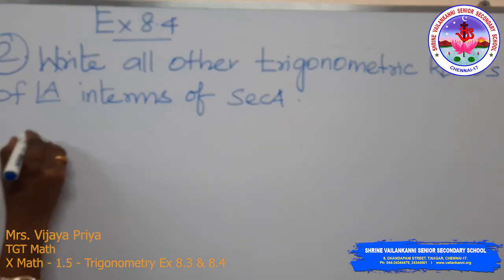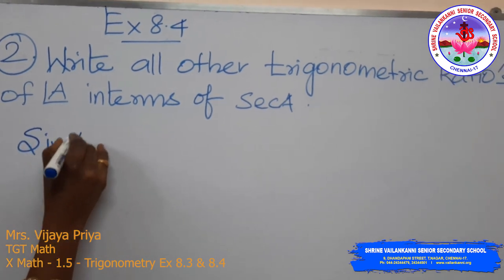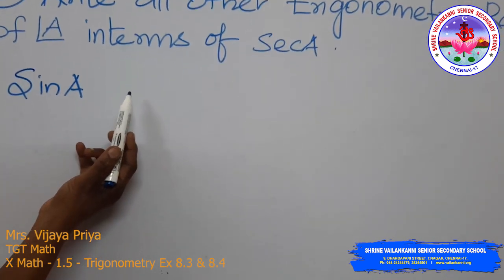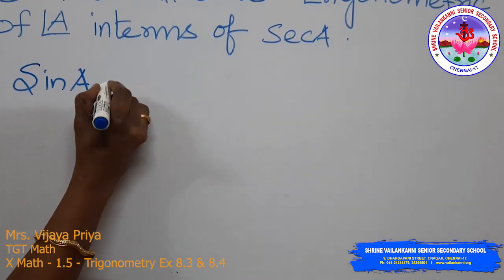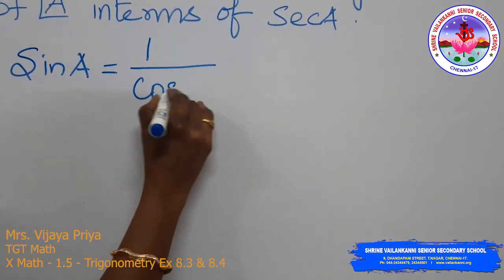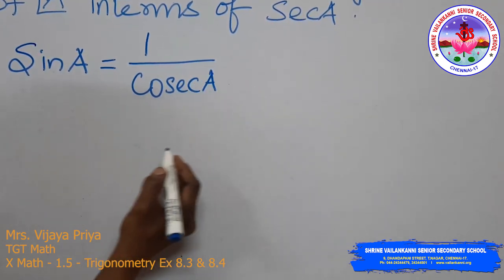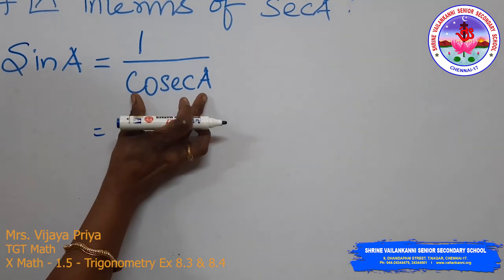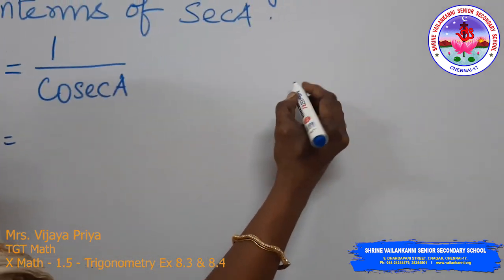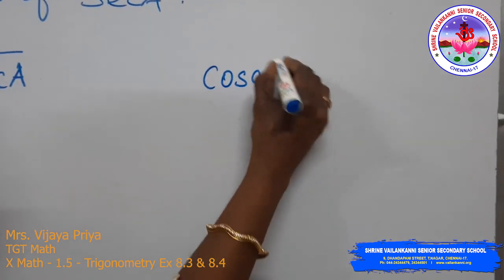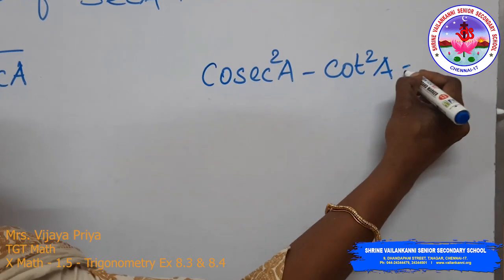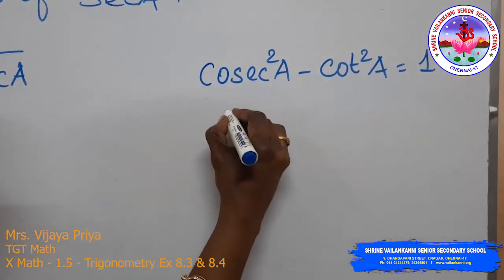So first, I am finding sine A. I am going to show that sine A can be represented in terms of secant A. Sine A is equal to the reciprocal of cosecant A. Cosecant A can be got from the identity cosecant squared A minus cot squared A equals 1.